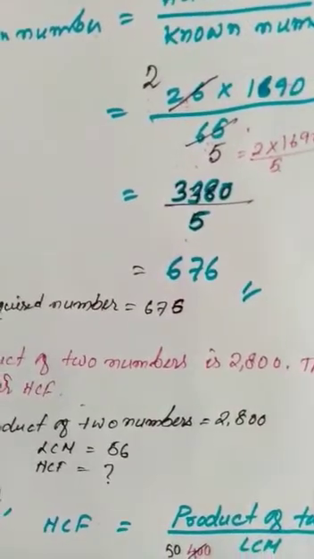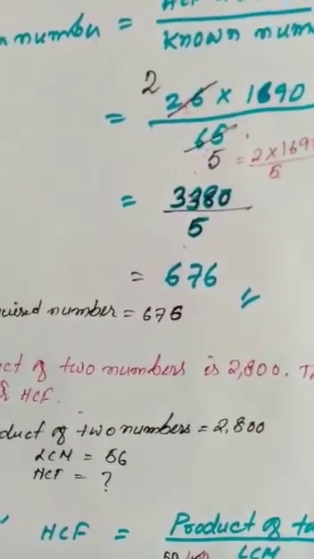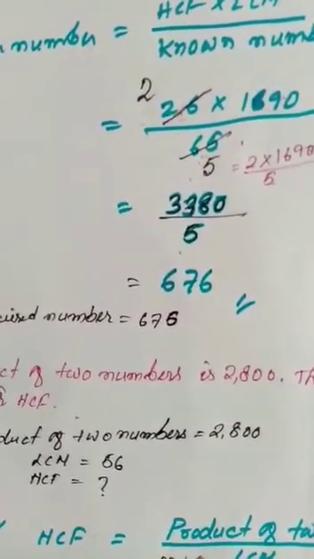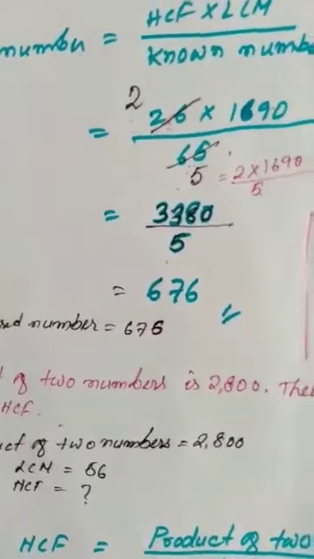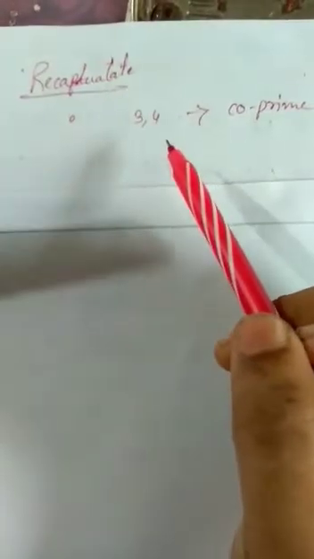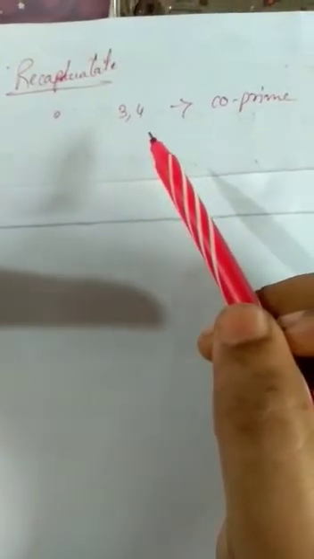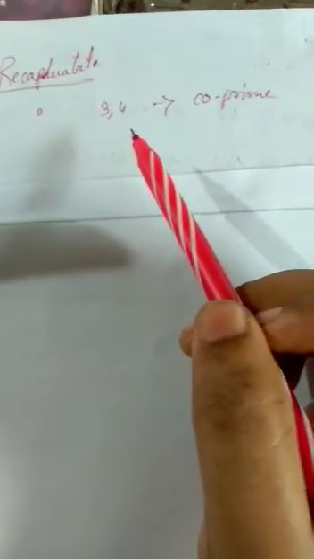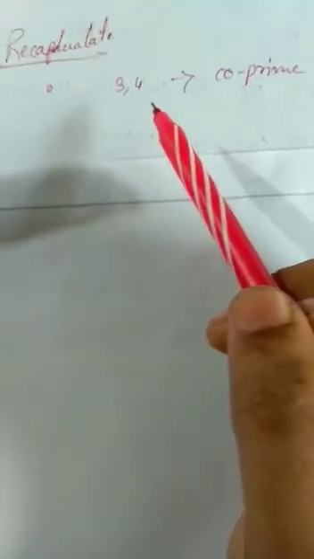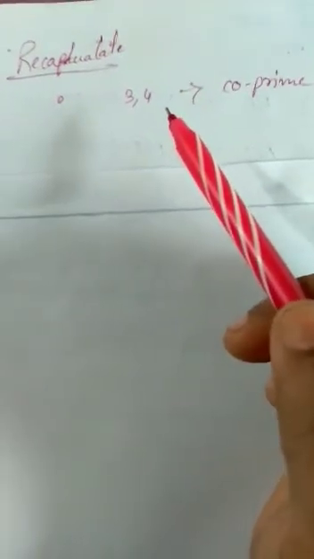And see students, two numbers are said to be co-prime if their HCF is 1. I told one example: if two prime numbers are co-prime, their HCF should be 1. In other words, the numbers which have 1 as their HCF are called co-prime.